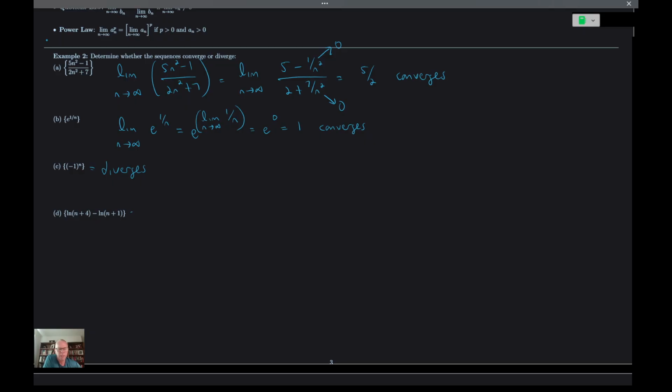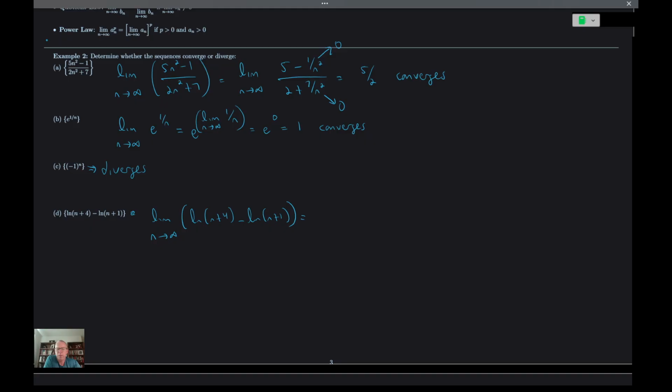All right, what about ln(n + 4) minus ln(n + 1)? So we need to find the limit as n goes to infinity of ln(n + 4) minus ln(n + 1). If you think about plugging in bigger numbers for n, we're going to end up with infinity minus infinity, which doesn't help. So we know that is not going to work. So what can we do instead?